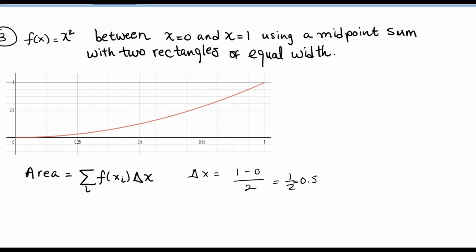But in this case, we're going to mark off the midpoint of each half. In this case, it's going to be 0.25 and 0.75. That's where we're going to draw the height of our rectangles. Right about there, and right about there. It's not perfect, but I tried.